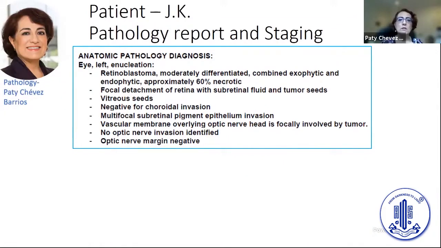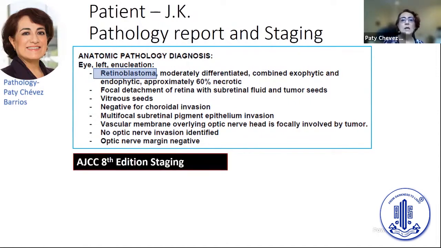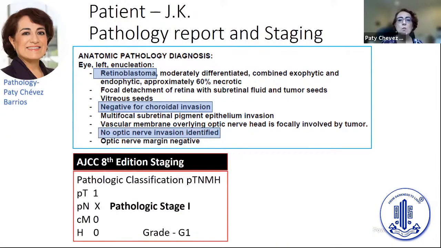One of the things the pathologist should do is confirm the diagnosis. Okay, this is retinoblastoma, because sometimes it's not. And then the next important thing is to assess choroidal invasion and optic nerve invasion, so that we can do the pathology part of the staging. In this case, this patient has pT1, which is not invasive outside of the eye.